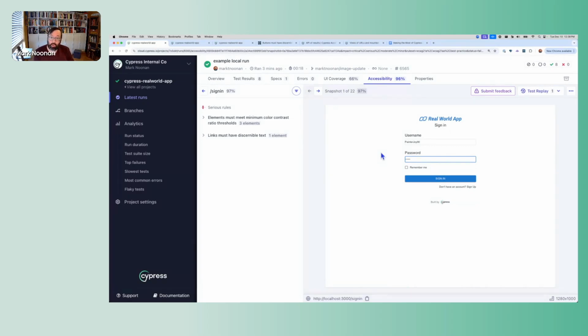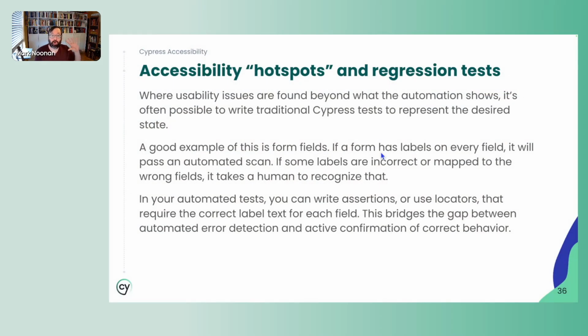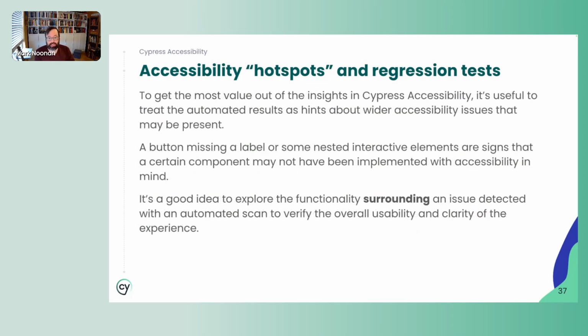But then you can write a normal Cypress assertion. So you can really boost the overall coverage from your automation pipeline by having Cypress assertions around behavior that is relevant to accessibility, that you determine by inspecting more closely. If we're just fixing the button label and not looking at the surrounding context, we're missing the broader thing that the automation can tell us about what we could fix there and how we should test it.